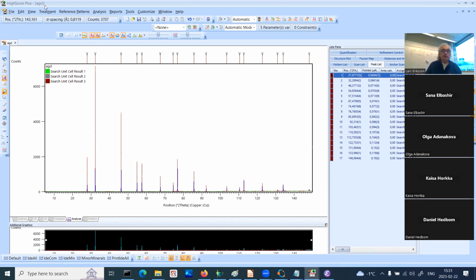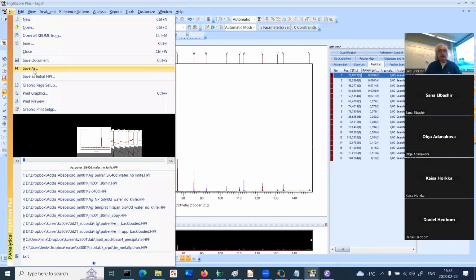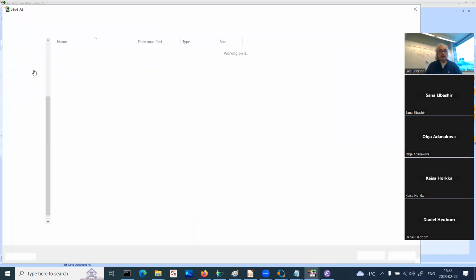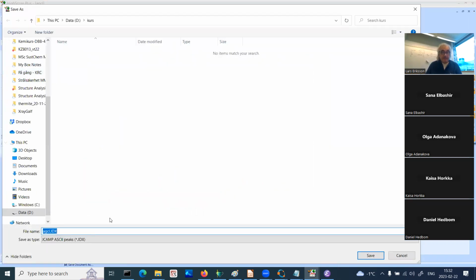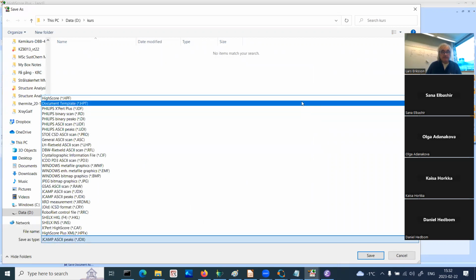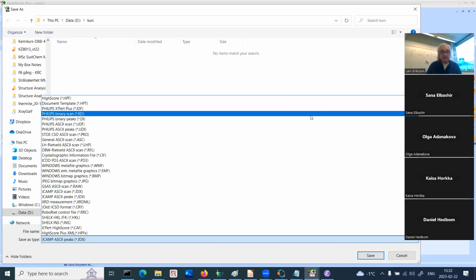If you want to store these, if you don't want to use them in High Score but in some external program, I recommend File and Save As. What should we save? There is a long list of possibilities: High Score files and document templates and different types. What do we like?